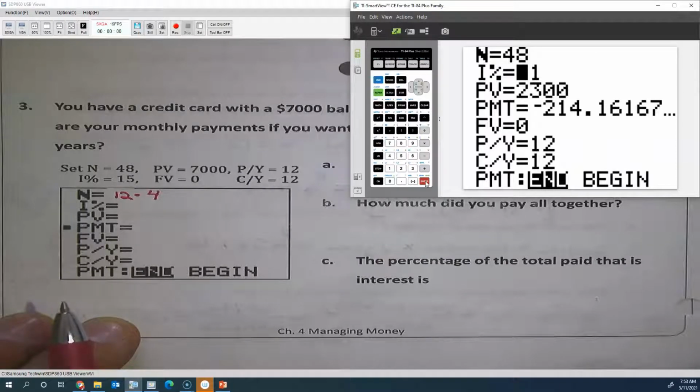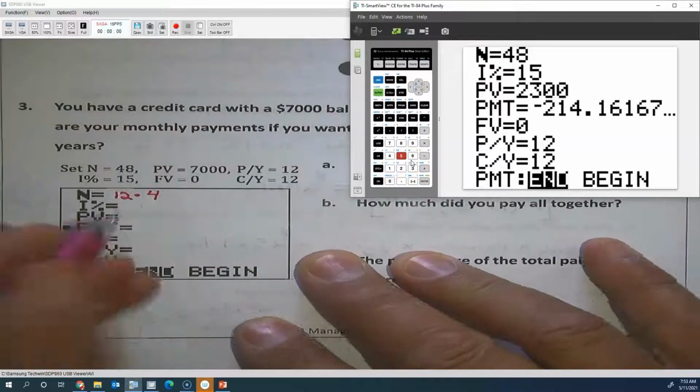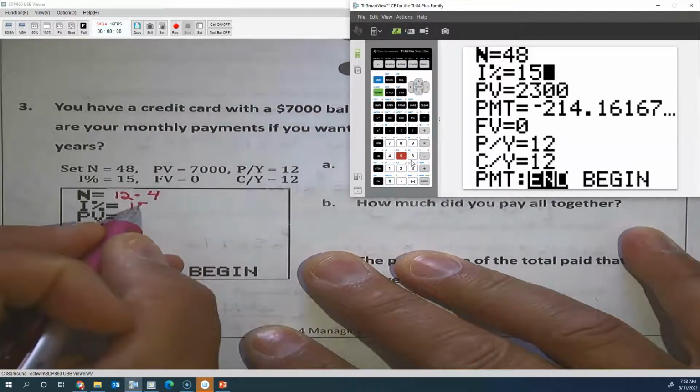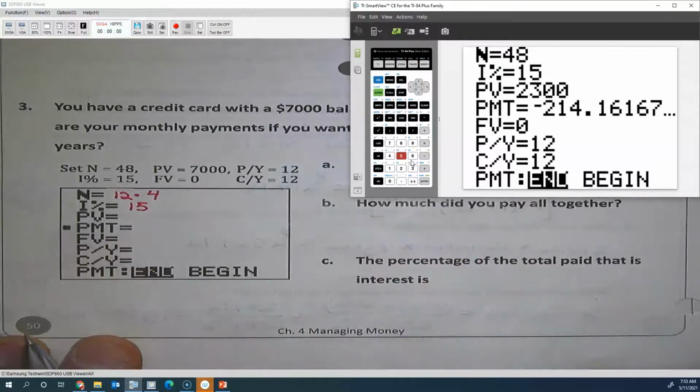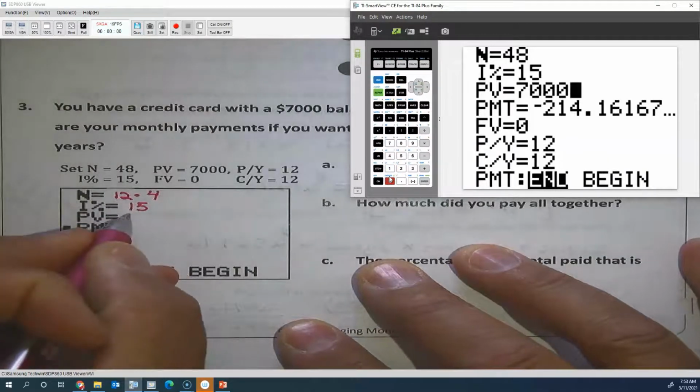Okay, my interest rate is 15%. So I just put it in as 15, no decimal. Okay, my present value is 7,000 positive.